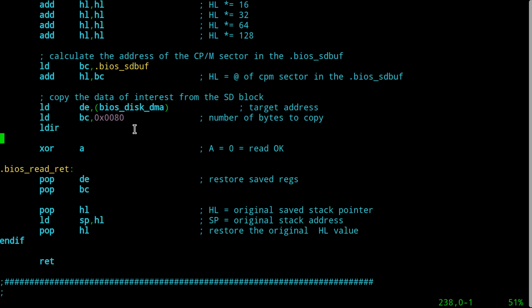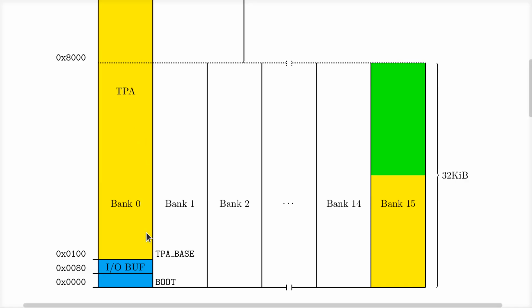What if we want to copy the data into address 80 in that standard IO buffer that we actually saw working when I typed out the README file? How does it get there? Because the memory at address 80, which is down in this IO buffer right here in the memory map, would be in bank 14, a bank that's not one of the banks with all the SD cache.